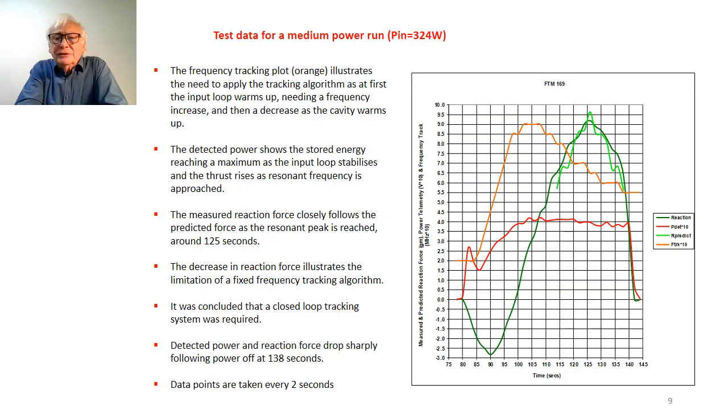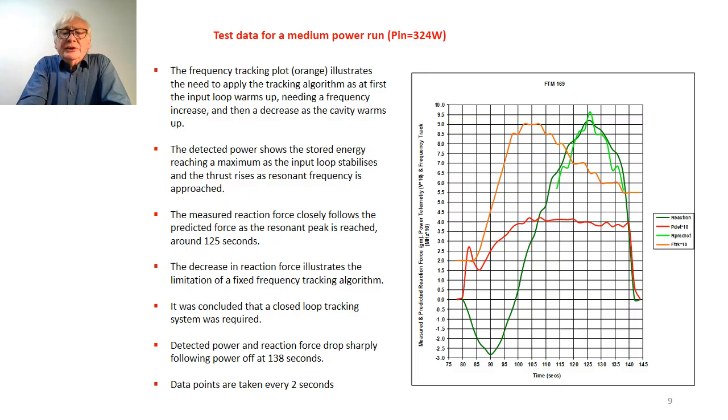If we look first of all at the detected power, which is the red line, you can see, as we've seen before, that there is a stabilization period required before the stored energy reaches a maximum, and the power stabilizes at a fairly constant level.